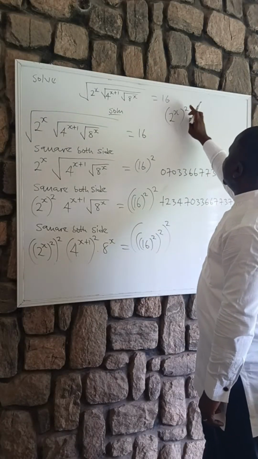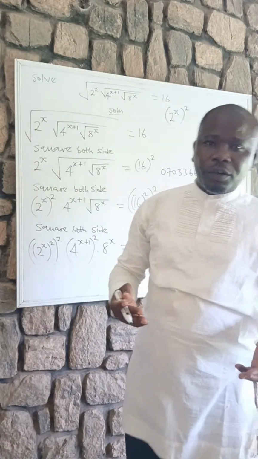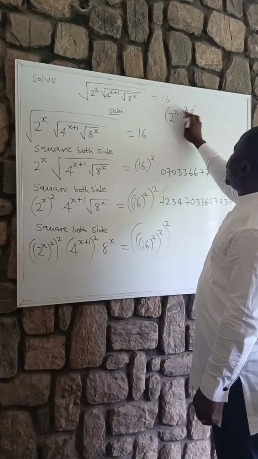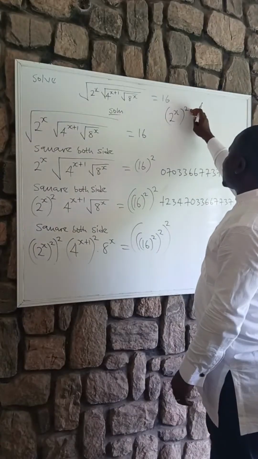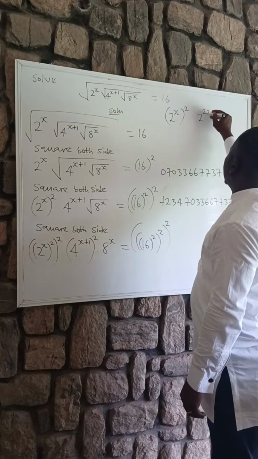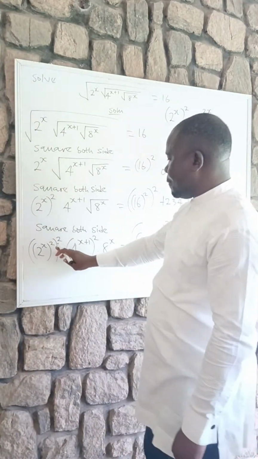This is a power, so we apply what is called the power law. When we use the power law, this is a power, this is a power; use both of them to multiply each other. So x times 2 or 2 times x, you are going to have 2 raised to the power of 2x. Do you agree with me? Then here, look at it here.